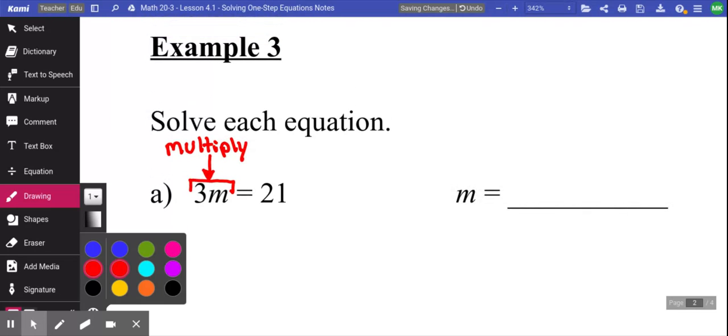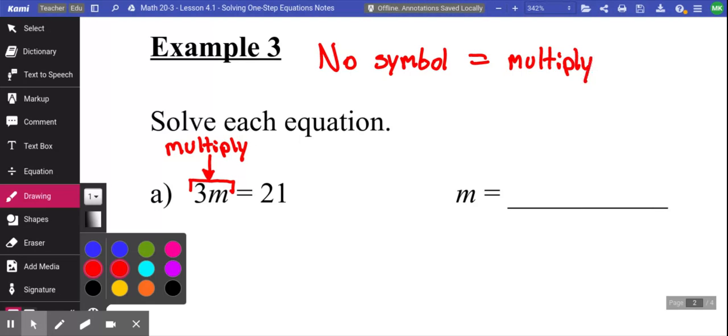All right, no symbol means multiply. So this question, if you're reading it, would read 3 times m equals 21.